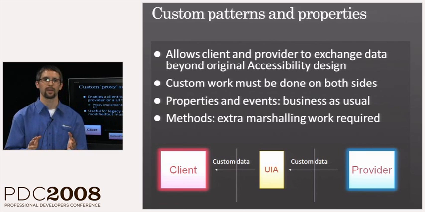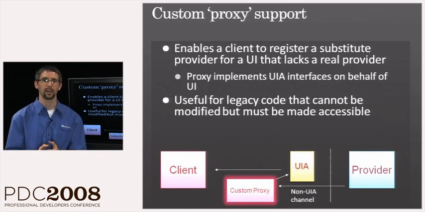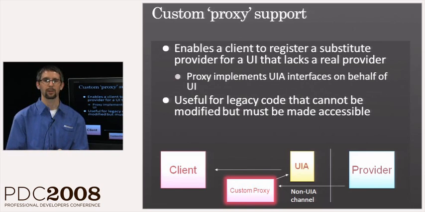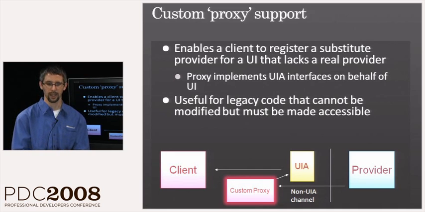The other custom facility in UIA is custom proxy support. If you've got a provider that you can't add accessibility to, maybe it's legacy, whatever reason, you can't add a provider directly into it, you can create a proxy that will run within your client process on the client side to provide accessibility data on behalf of that provider.